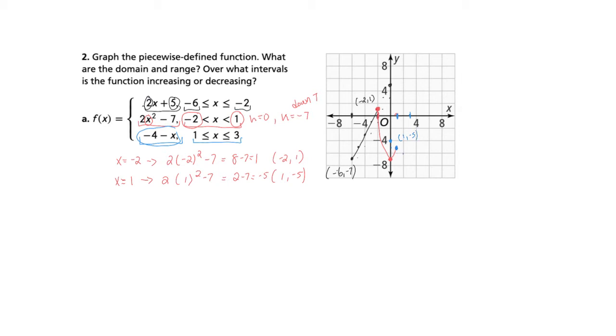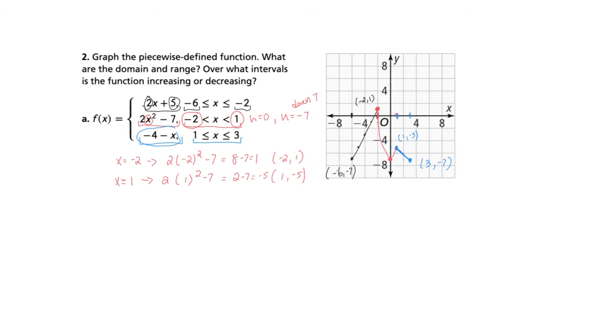Down 1 to the right 1, down 1 to the right 1 gives us our point at 3, so 3, -7. Here's that graph. If you want to clean it up, you can erase the extra points that we made to draw those actual lines. Sorry, my computer does not work. And that is your graph.